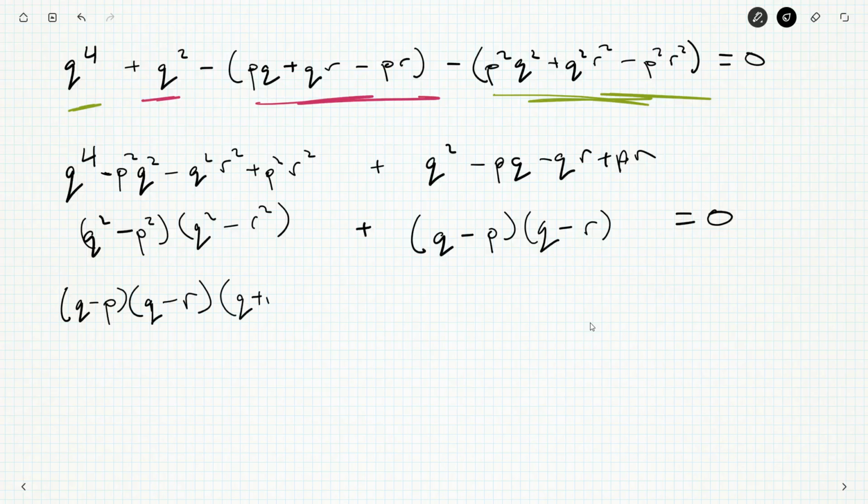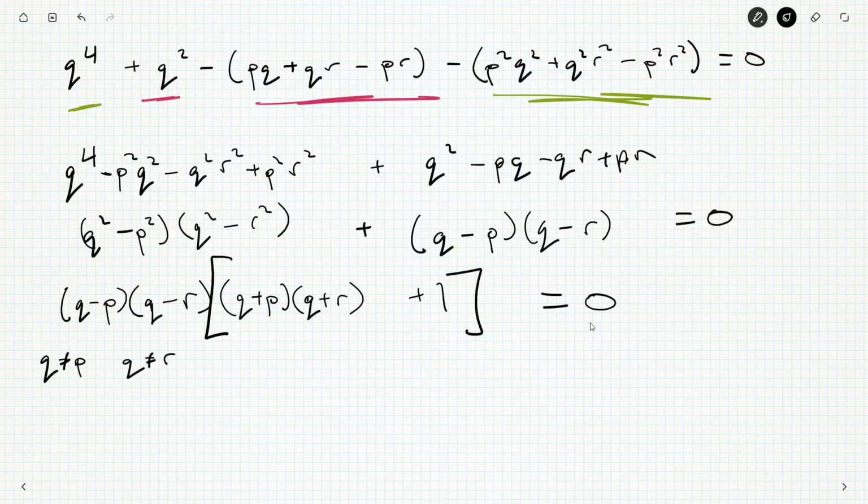And what's left? Q plus p, q plus r. And then we get, so put that all in brackets, then plus 1 is equal to 0. So these can't be zero, so q is not equal to p, q is not equal to r.